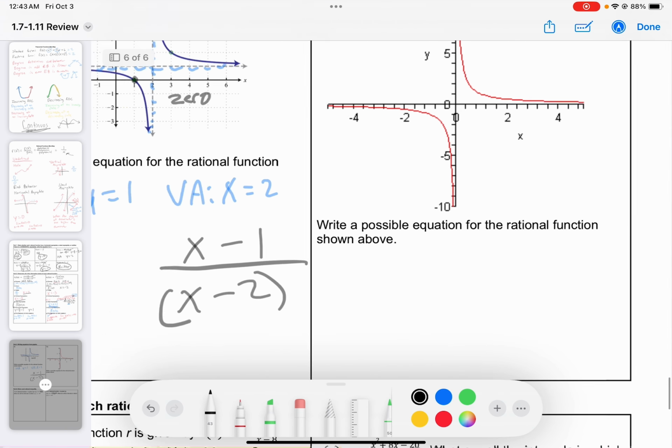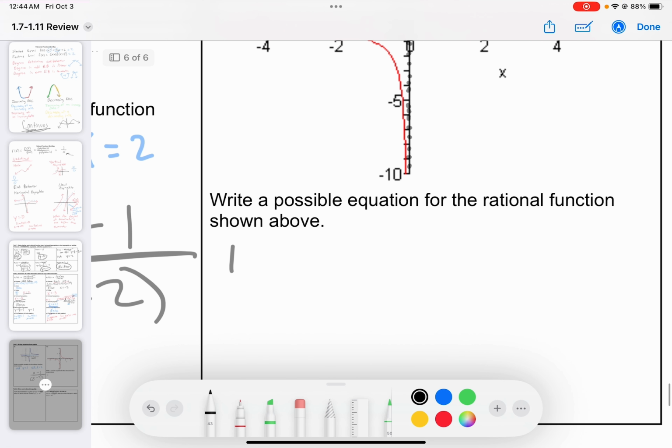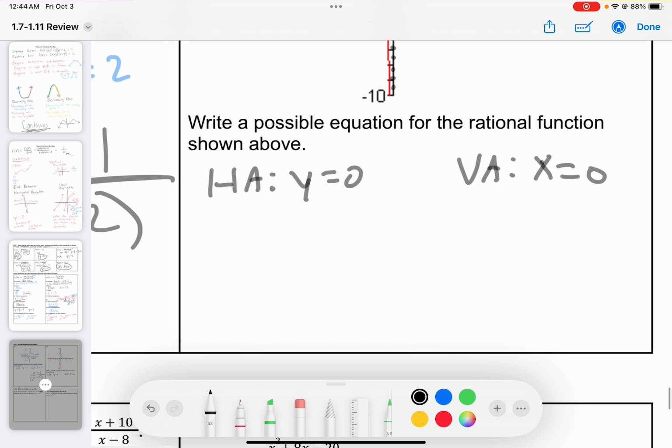All right. Now let's move over to this one. We clearly have a vertical asymptote at x equals 0, and a horizontal asymptote at y equals 0. So HA at y equals 0, a vertical asymptote at x equals 0. So we know the denominator has a 0 at x equals 0.